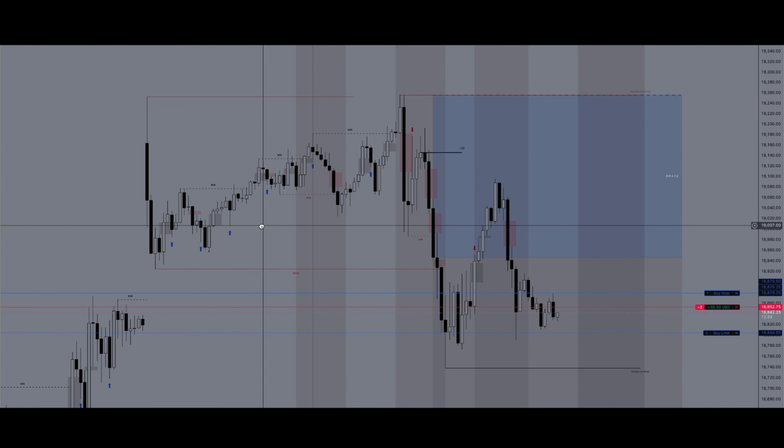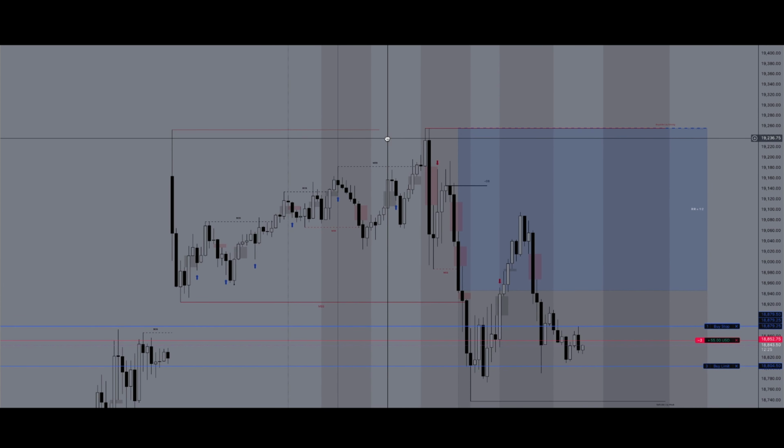As you can see here, the indicator has given us multiple buy opportunities on the way up, except for that one wasn't ideal. But let's just say we've done all this analysis. We've seen price continue up, seeing whether or not we're going to sweep this high, which we do with a wick, and then we drop down to the lower time frame.